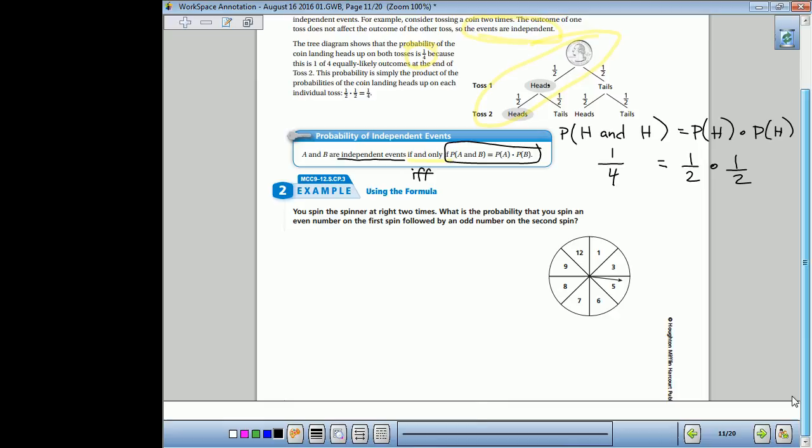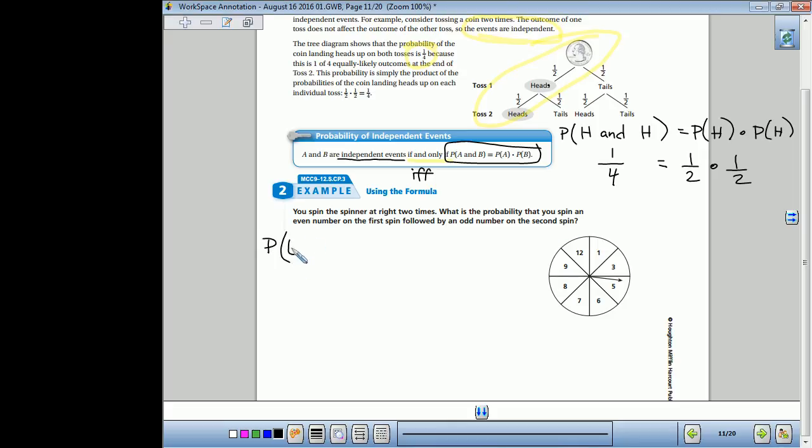Okay, so here we have a fair spinner. And in math world, we're going to assume it's a fair spinner, it's a fair die, it's a fair coin. Nothing's rigged in here. So, you spin the spinner to the right 2 times. What is the probability that you spin an even number on the first spin, followed by an odd number on the second spin?